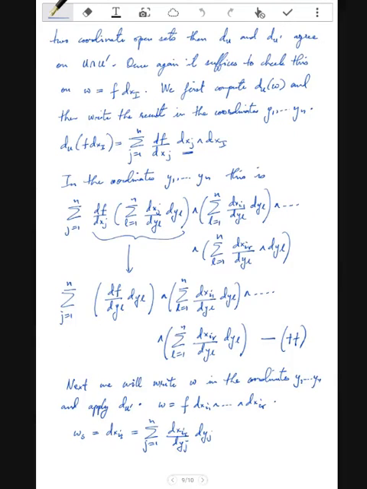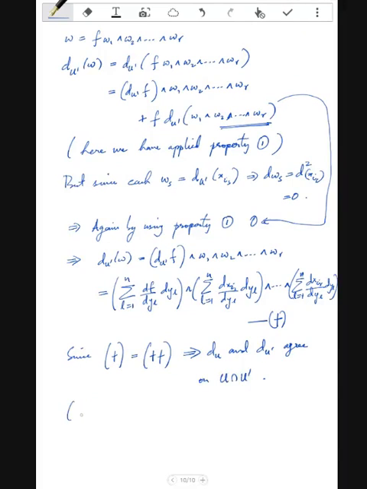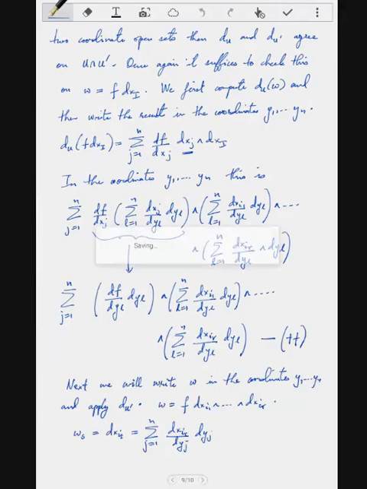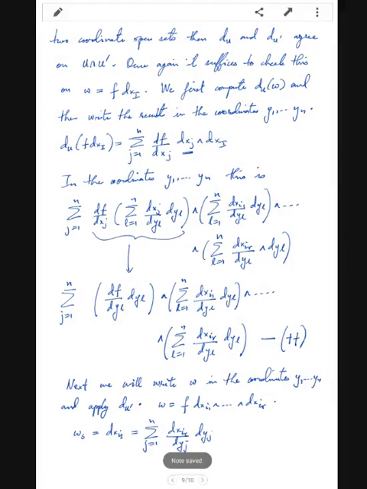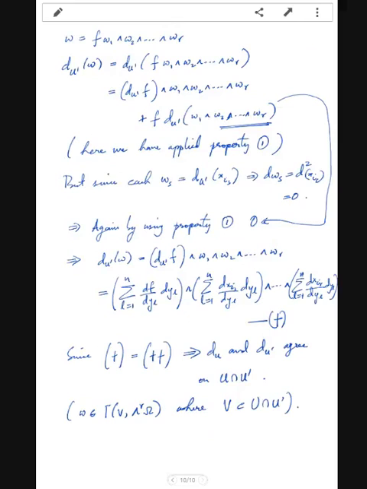So of course omega was in gamma v comma exterior r omega, where v is contained in u intersection u prime. Thus we get a map of sheaves.